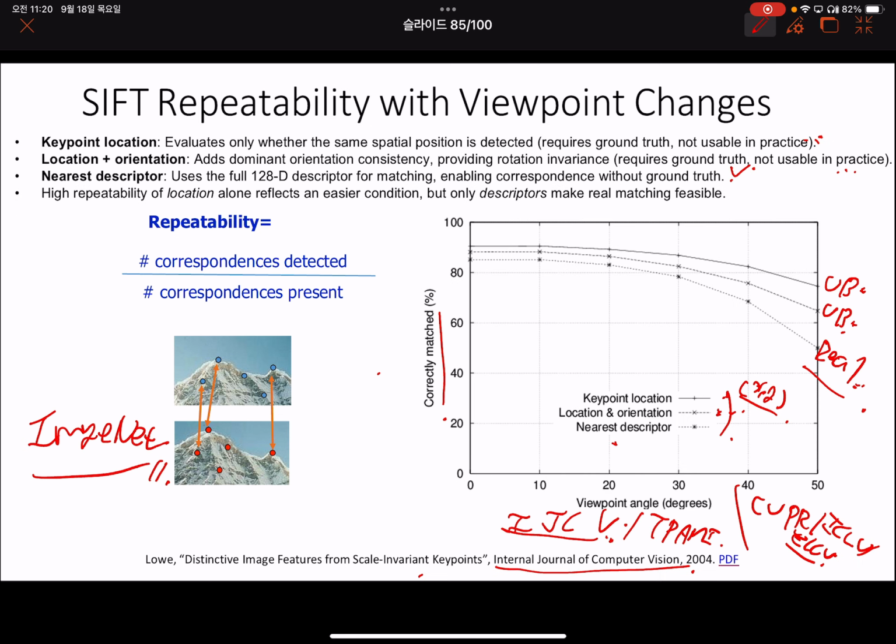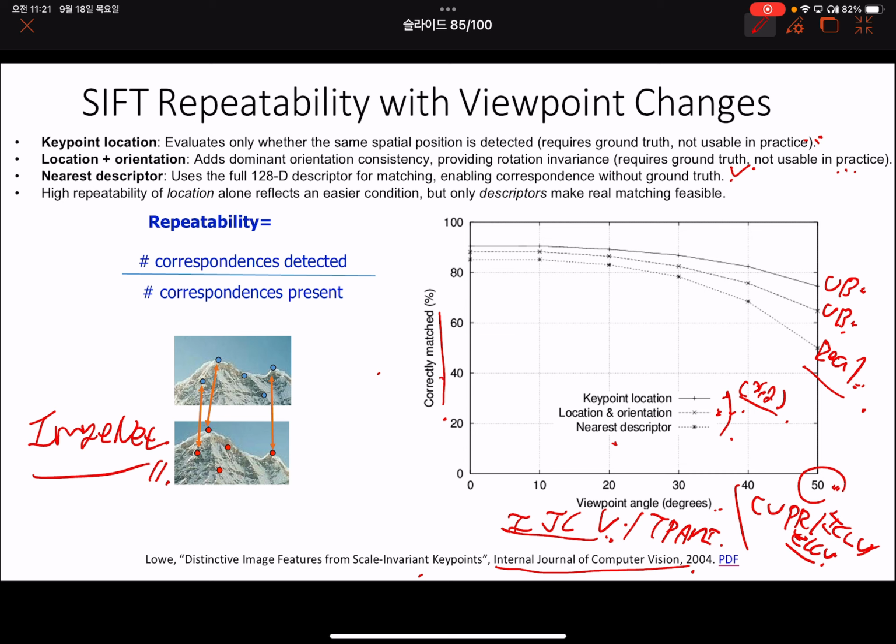From this graph, we can see the viewpoint angle. In the previous slide, we set 50 degrees. SIFT matching works robustly up to 50 degrees, and the 50 comes from this graph. If the viewpoint angle gets higher and higher, the matching performance becomes lower and lower.